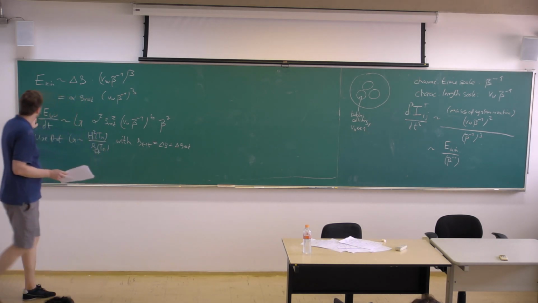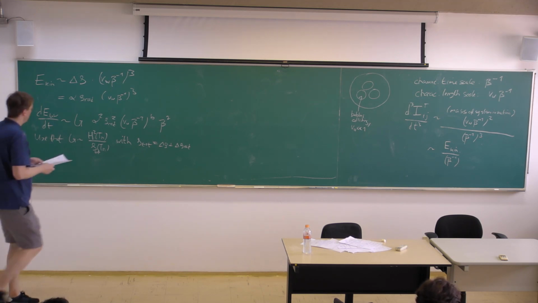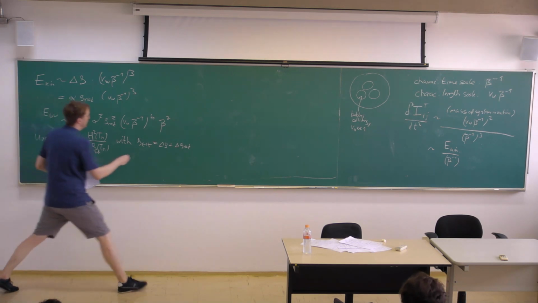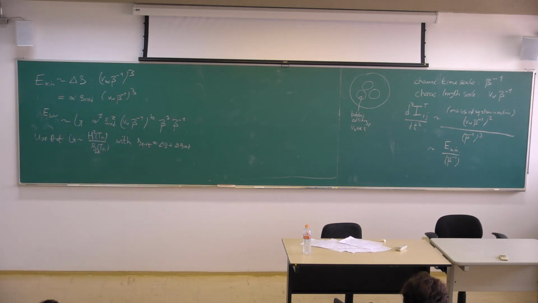Okay, so now this is the energy density radiated away. To get the total energy, we have to again multiply this with the characteristic timescale, beta inverse, because essentially we are integrating over time. What I really want to get at is the energy density in gravitational waves.